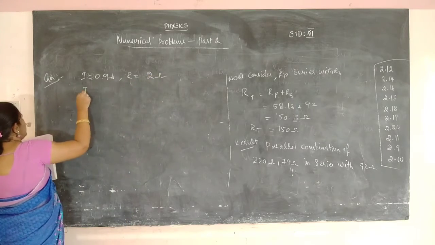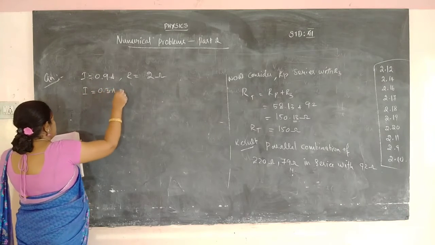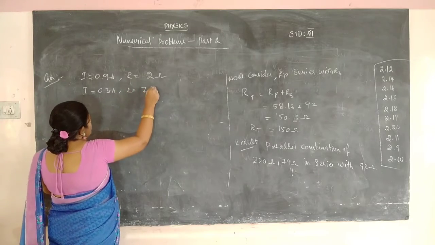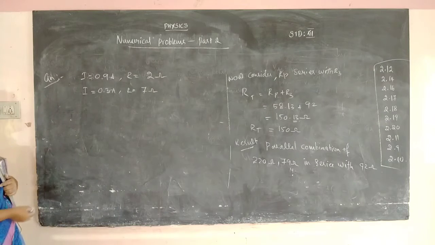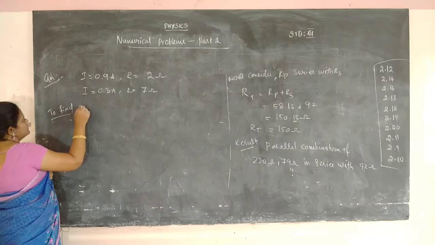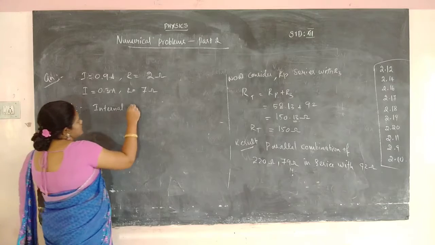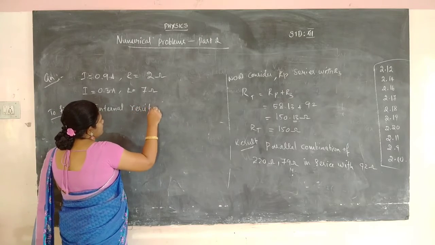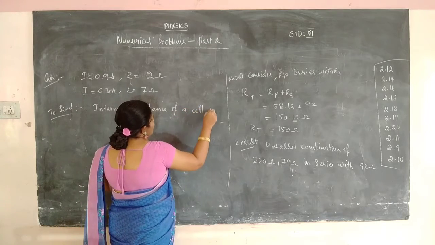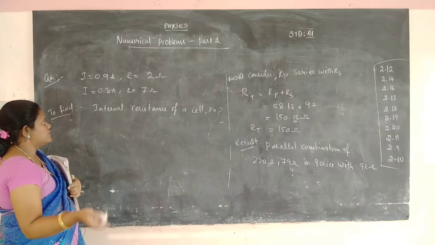Then the second current value is equal to 0.3 ampere, and resistance is equal to 7 ohm. This is the question. So what will we find out? The internal resistance of the cell, small r is equal to question mark.